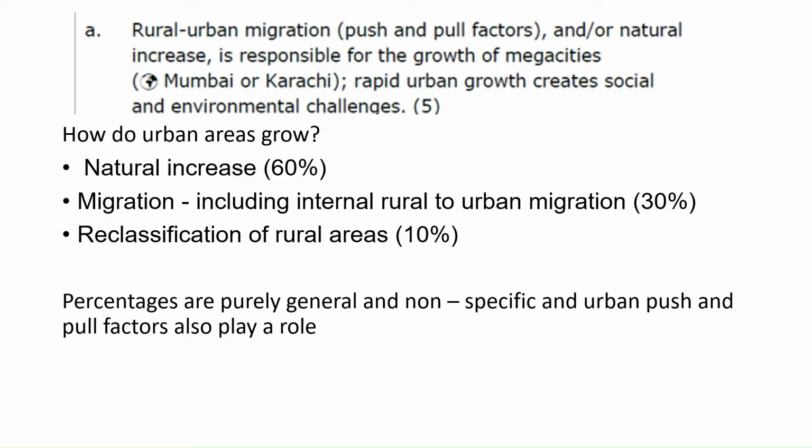So it's called rural urban growth, I believe, or urban growth, I forgot. And yeah, so rural places can get reclassified to become part of a city, but I still don't think Slough's part of London, so unlucky for you guys. And yeah, the percentages are purely general and non-specific.